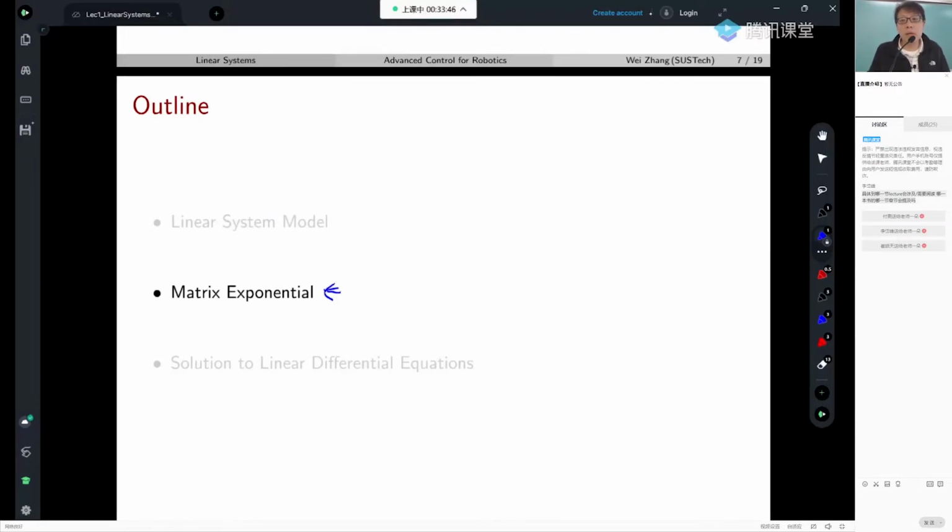How many of you have heard about the matrix exponential? Matrix exponential is fundamental for solving a linear system in state space form.